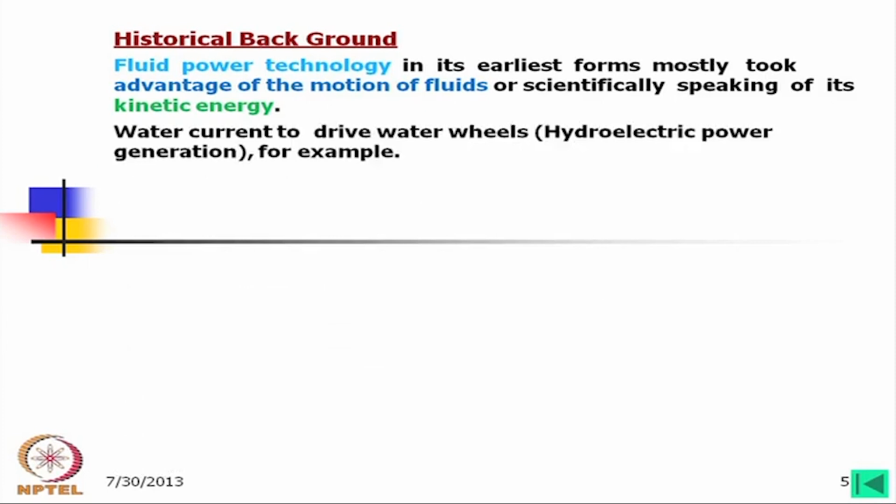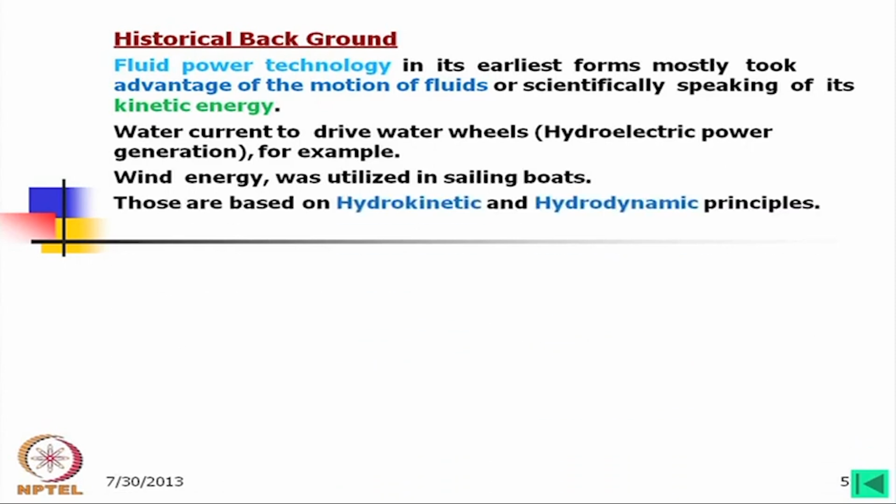Water current to drive water wheels, for example hydroelectric power generation. As another example, wind energy was utilized in sailing boats. Those are based on hydrokinetic and also hydrodynamic principles.